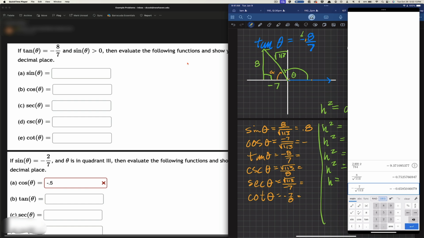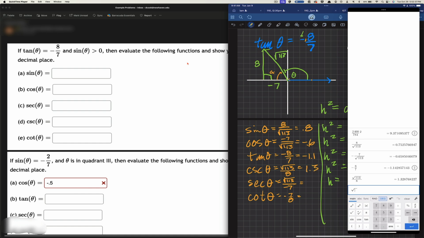That's -0.66, excuse me. Then 8 divided by 7, that's -1.1. And then square root 113 divided by 8 is 1.328, which is 1.3.